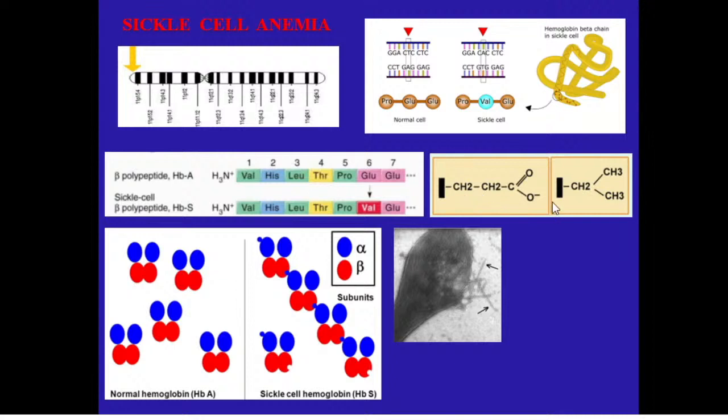If you remember, the radical of glutamic acid is negatively charged, in valine it is hydrophobic. So this also explains why normal hemoglobin changed to sickle cell hemoglobin starts to interact one with another, because a new hydrophobic site appeared in the beta subunit.